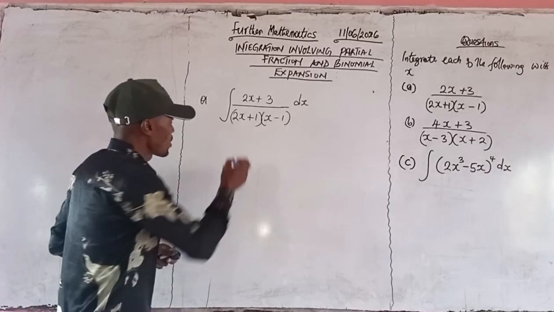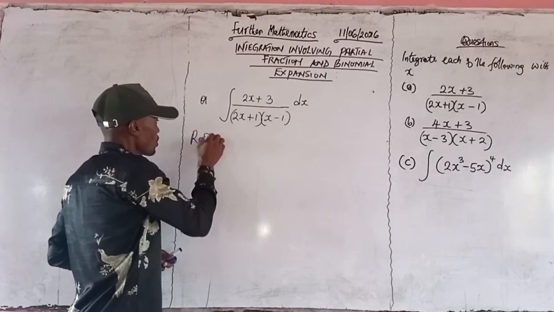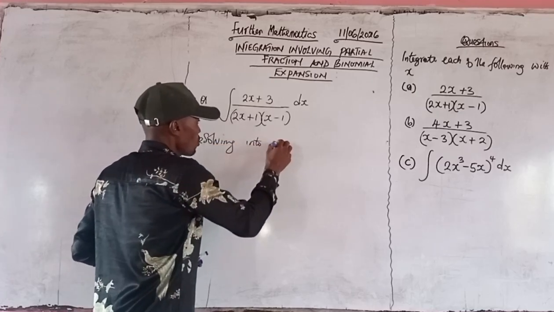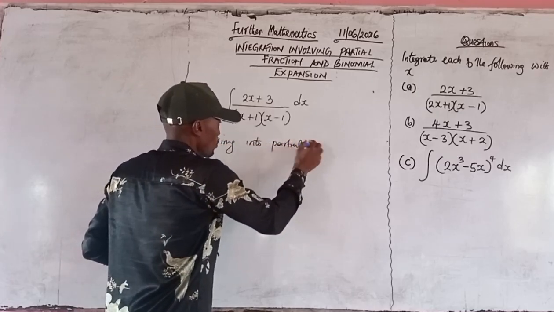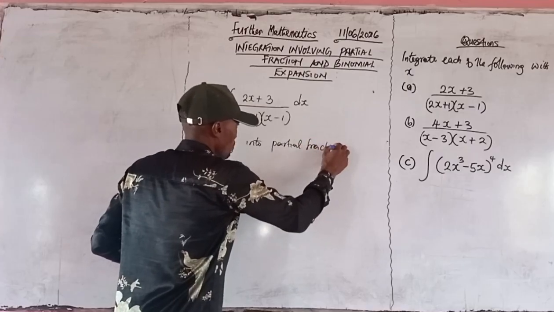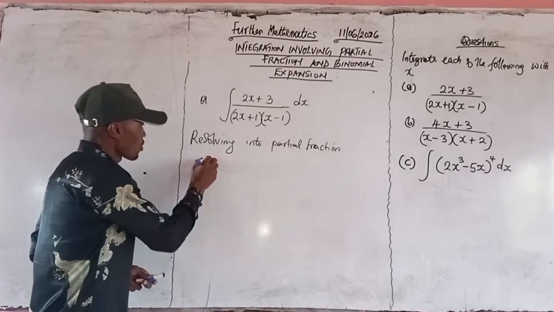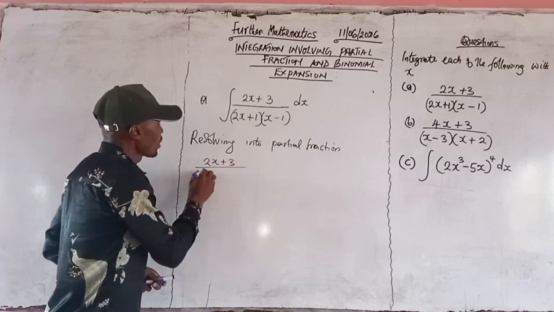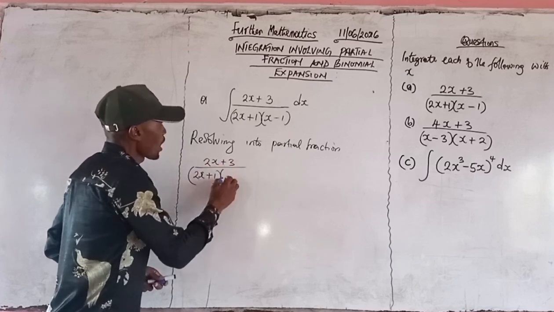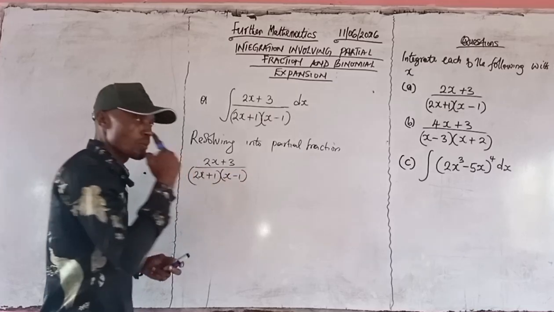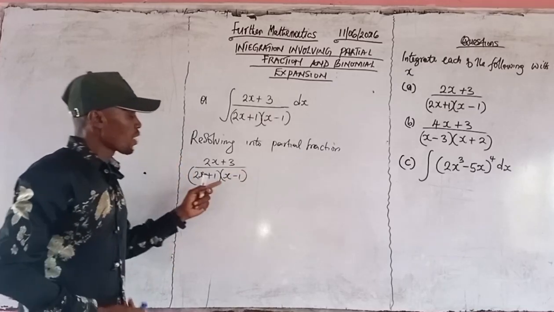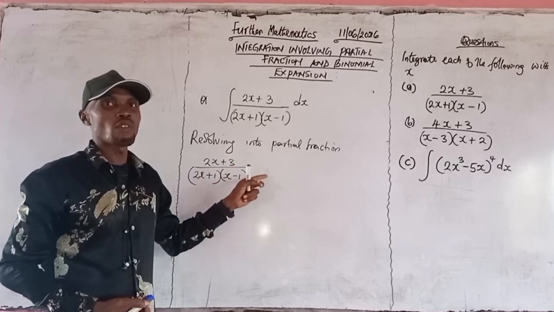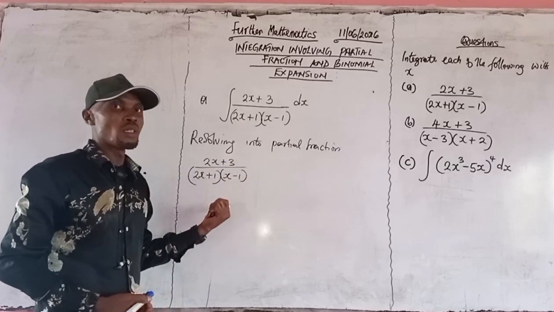If you look at this, we are resolving into partial fraction. We have that 2x plus 3 all over (2x plus 1)(x minus 1) is a compound fraction involving non-repeated factors in the denominator.